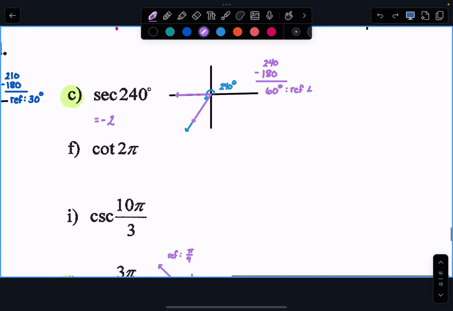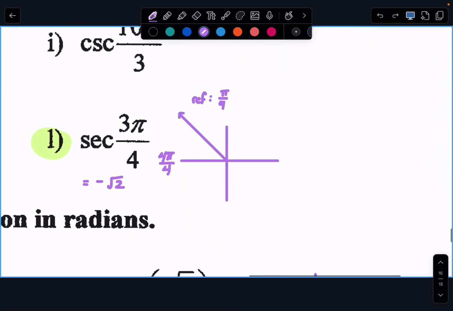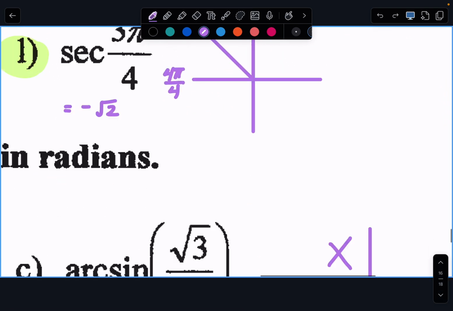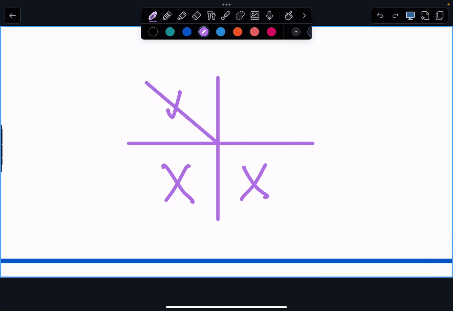When do I do cosine and get a half? 60, right? When we're in degrees. I'm going to do cosine and get adjacent over hypotenuse. 60 degrees. Okay? But I am over here.